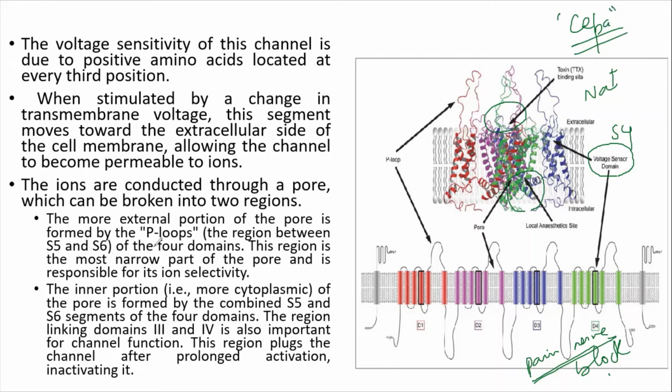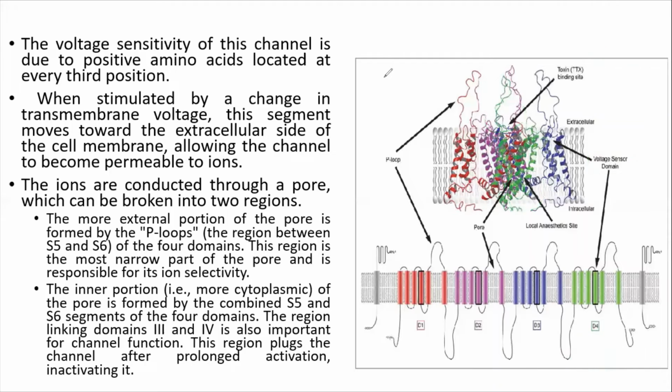Okay, let's come back over here. The ions are conducted through a pore which can be broken into 2 regions. The more external portion of the pore is formed by the P loop regions. Can you see the P loop region? और P loop कौन बनाता है? These segments जो आपके 5 and 6 के बीच में जो ये लूप आ रहे हैं, हर एक डोमेन का आपका 5 and 6 में जो लूप आ रहा है, that is your P regions.